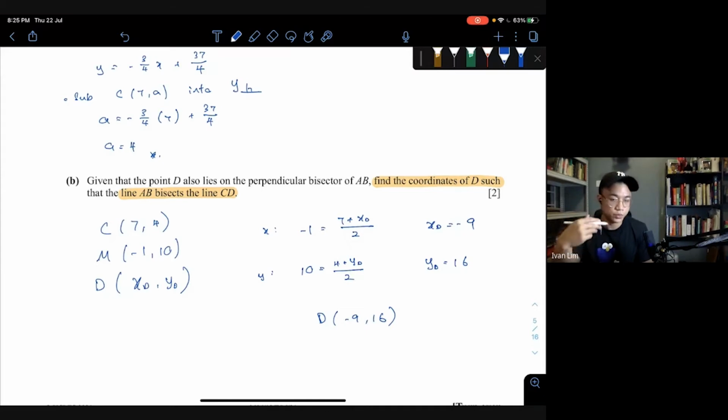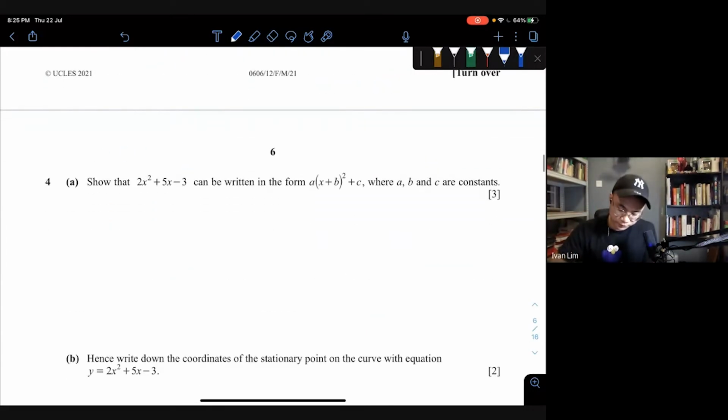For length or distance, we just use square root of (x2 minus x1) squared plus (y2 minus y1) squared, and it's derived from the Pythagoras theorem. Don't write x2 plus x1 squared. It's x2 minus x1 squared. All these are still quite easy.